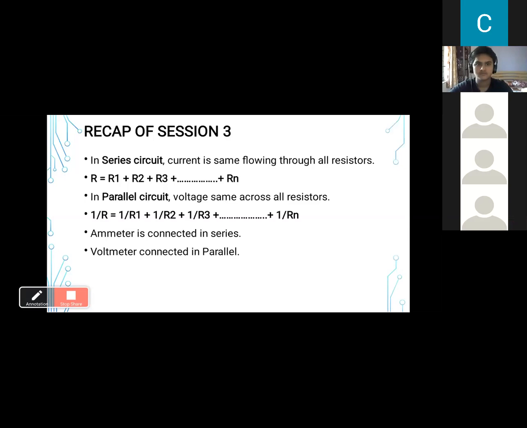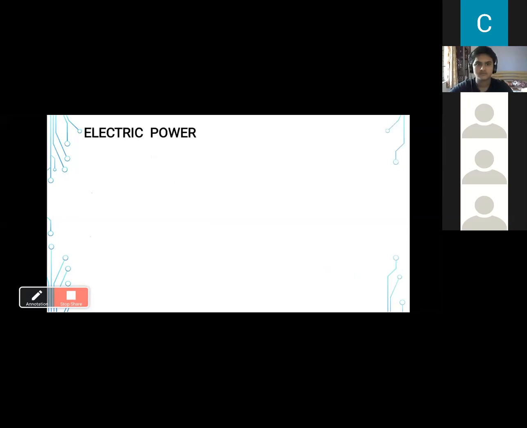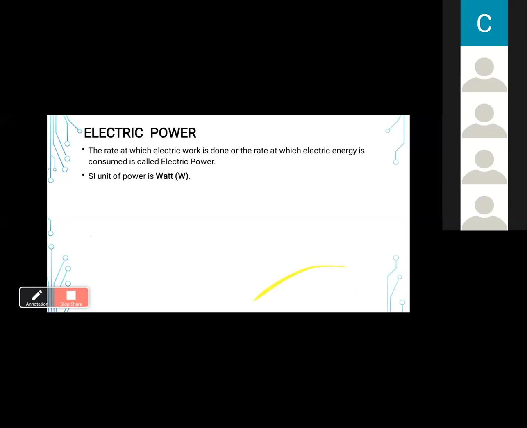Now, what we are going to learn today is about electric power. So what is power? Electric power is the rate at which electric work is done, or the rate at which electric energy is consumed. For that reason, its unit is the watt. We can write electric power as P equal to W by T, because electric power is the rate of work done.